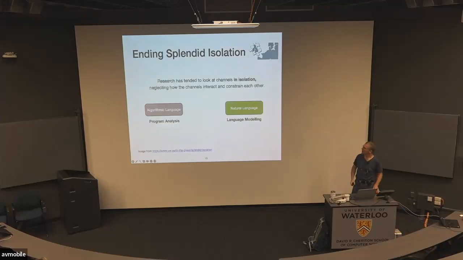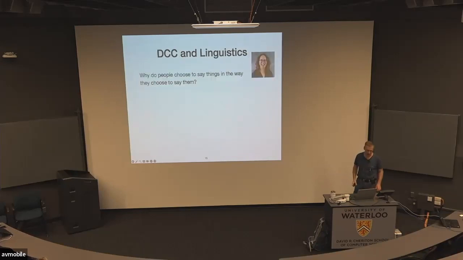So to date, research has tended to look at each channel in isolation, neglecting how they interact and constrain each other. So dual channel constraints seek to end this splendid isolation, as we see here. And I'll give you some examples. But first, let's step away from software engineering and look at linguistics.